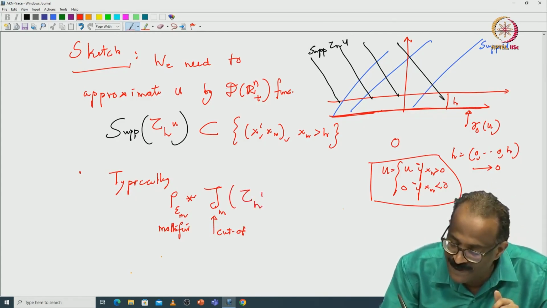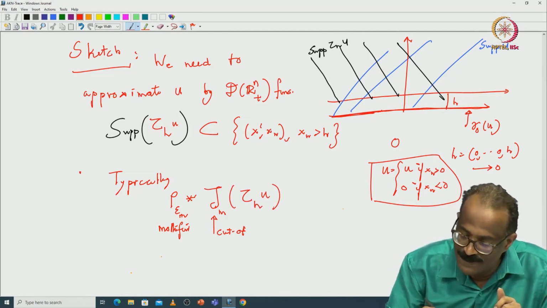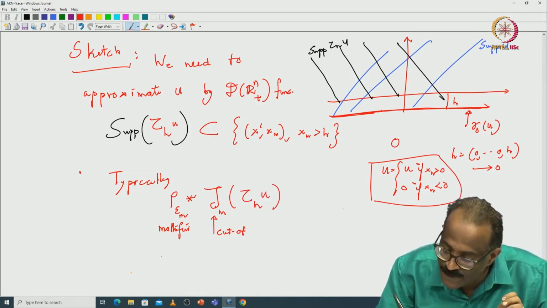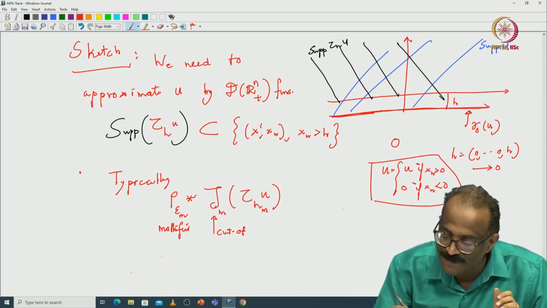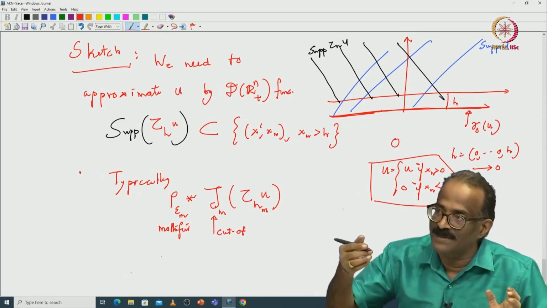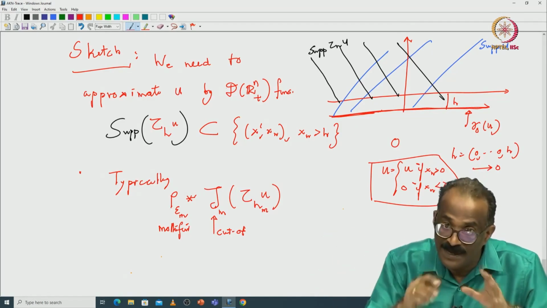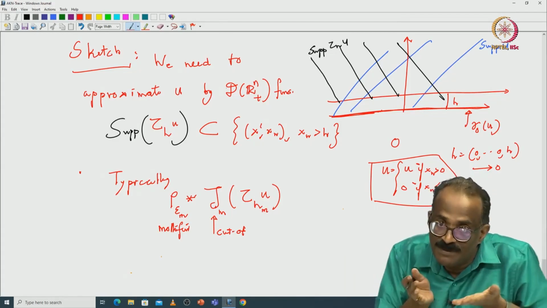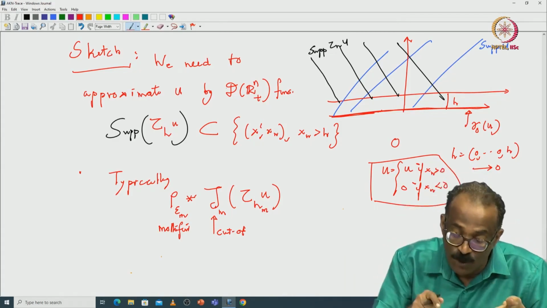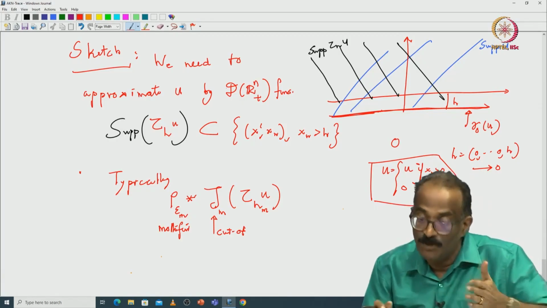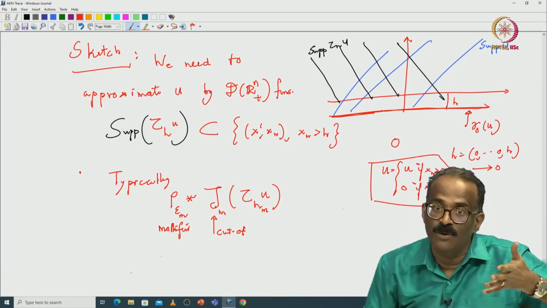So you see u, tau h. H also we can write as h m, where h m goes to 0 as m tends to infinity. So, zeta m will make it compact support, tau h will translate, so that when you operate with rho epsilon m it will not go out, and you will get D omega functions.